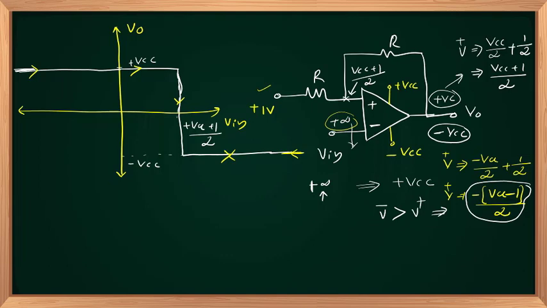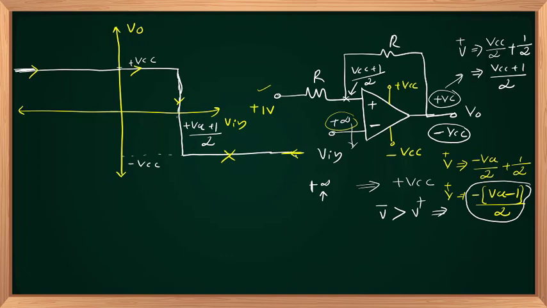If your input crosses minus of VCC minus 1 by 2, you will have a situation that your negative input is less than positive input, then output goes to positive VCC from minus VCC.